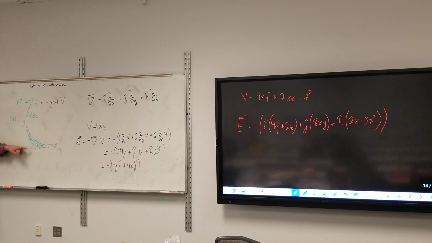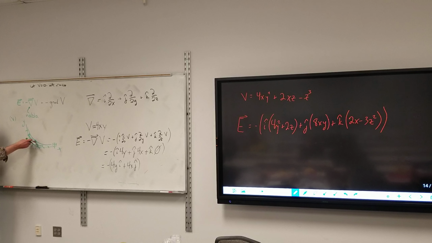Now, first off, if I put a proton here, which way would it have a tendency to go? Left. Not necessarily left, but towards the lower potentials. It probably would actually go in that direction.